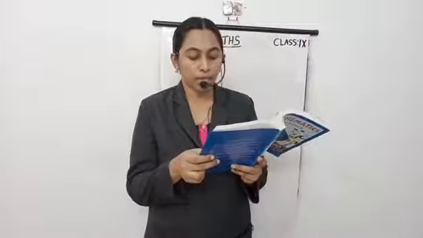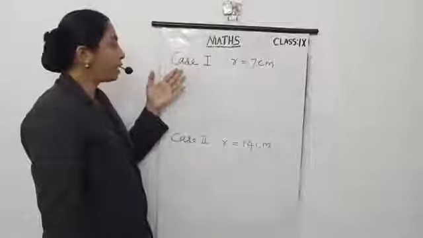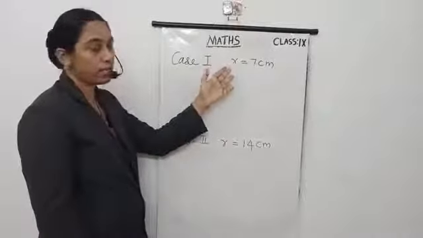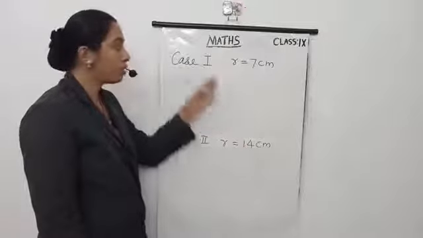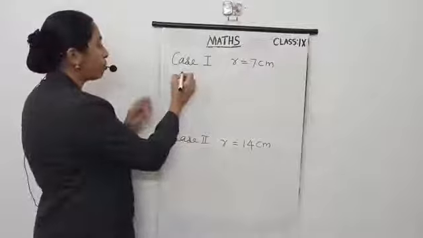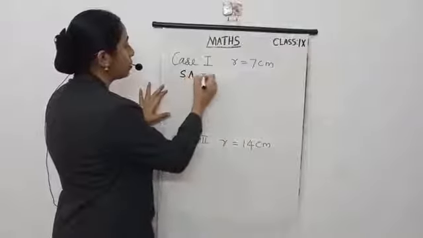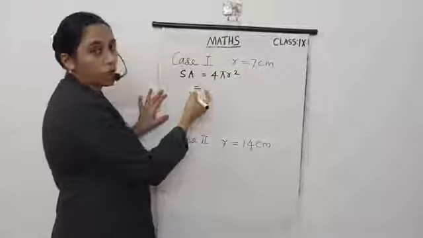Find the ratio of surface areas of the balloons in the two cases. So in case 1, radius is 7 centimeter and in case 2, radius is 14 centimeter. First we are going to find its surface area. What is the formula for the surface area of a sphere? 4 pi r square.